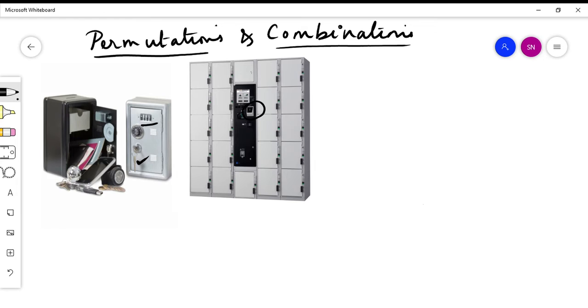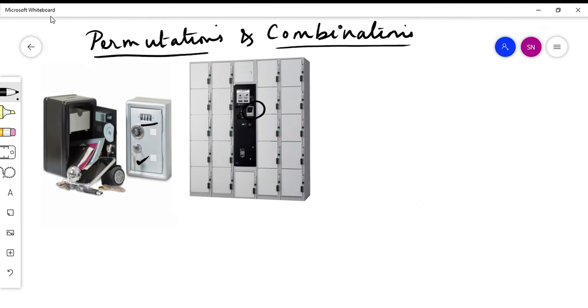These numbers you see on suitcases also. On suitcases, what do you do? There is a mechanism wherein you have to put in some digits as a code lock so that only you can open your suitcase. The same logic applies to a locker, which is a little more sophisticated, wherein you can store some gold for security.